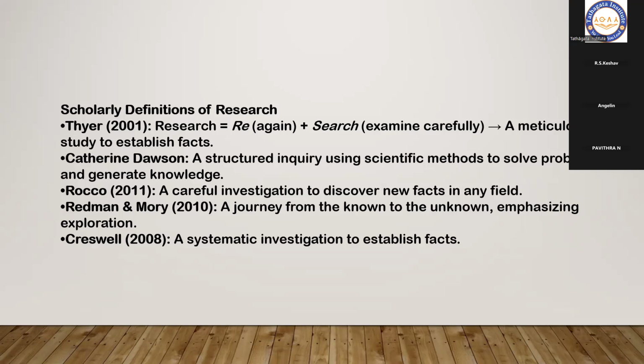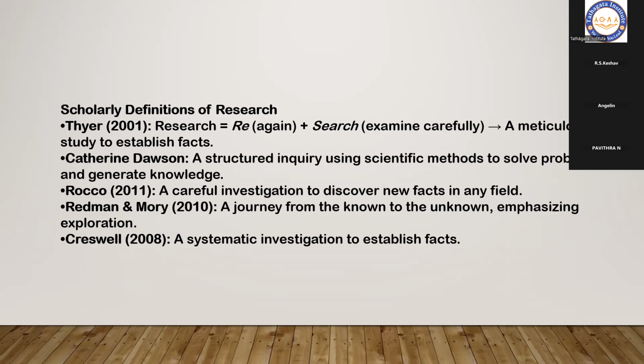The second one, given by Catherine Dawson: research is a structured inquiry using scientific methods to solve problems and to generate knowledge. Nobody varies from the core. We do research to generate knowledge.